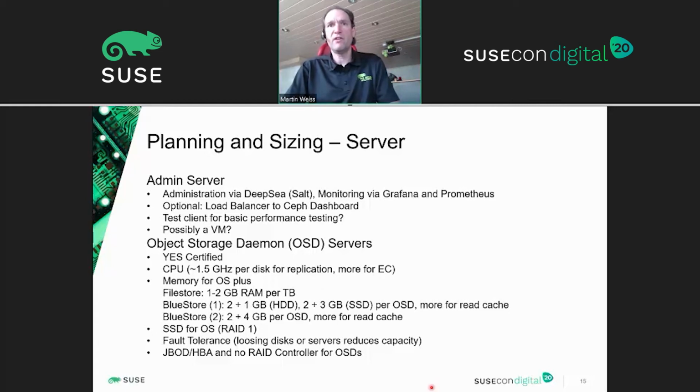So you still need to have more disks and more capacity than what you need to survive a failure. And normally we also recommend not to pay for RAID controllers because the RAID functionality is basically done by Ceph itself. So instead of investing money in RAID controllers, invest the money in more disks or more memory, more CPU.